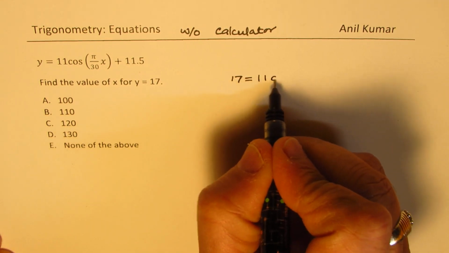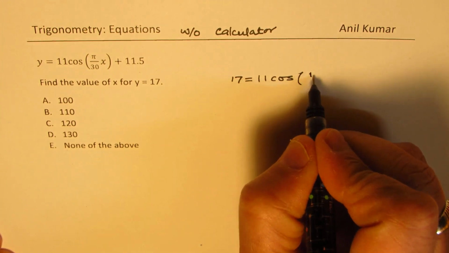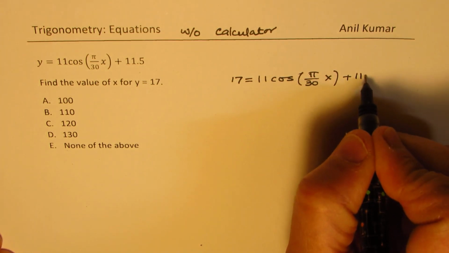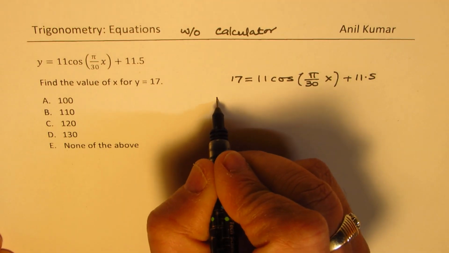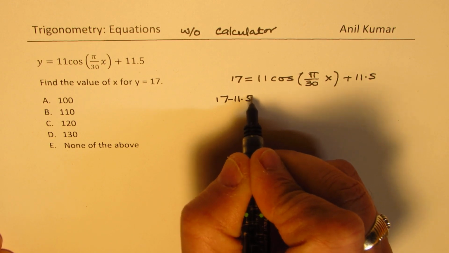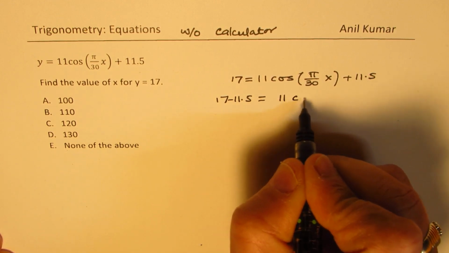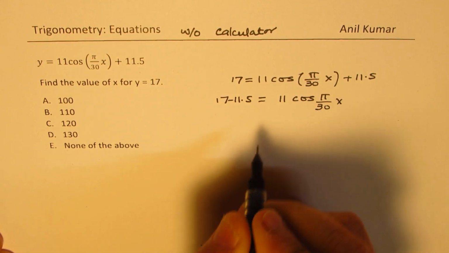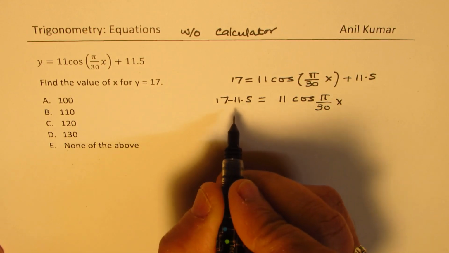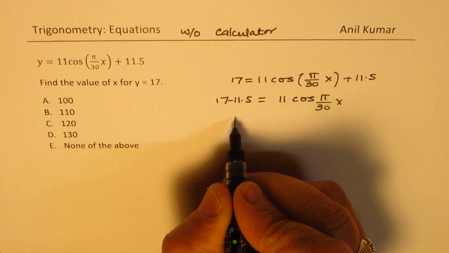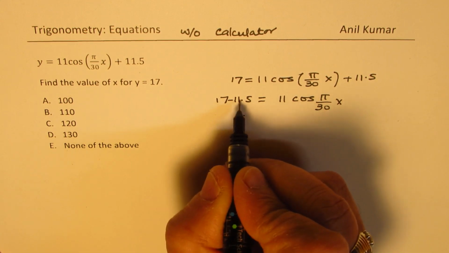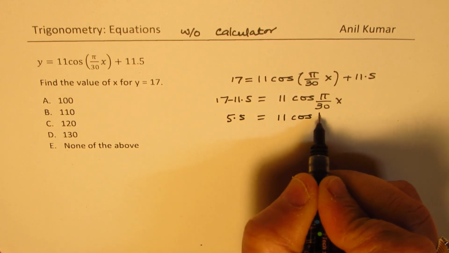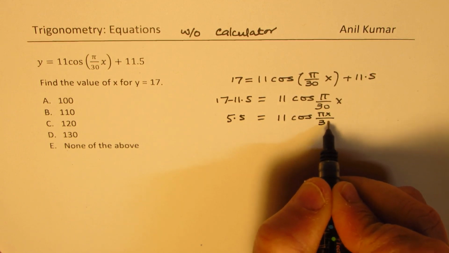And we have 11 cos pi by 30 x plus 11.5. Let's rearrange. So we get 17 minus 11.5 equals 11 cos pi by 30 x, which is 5.5 equals 11 cos pi x over 30.